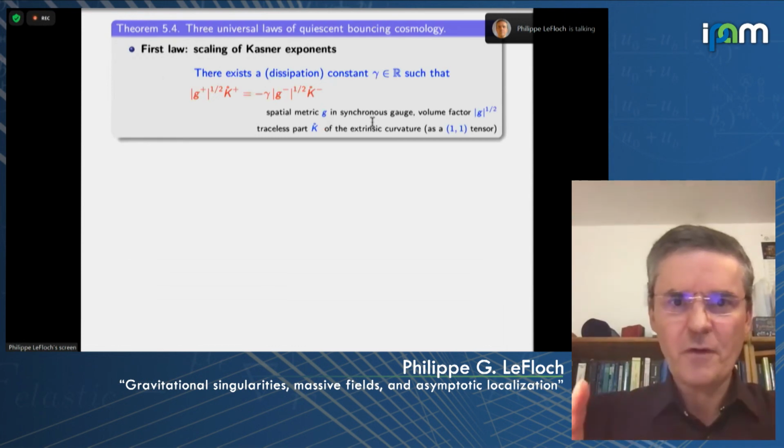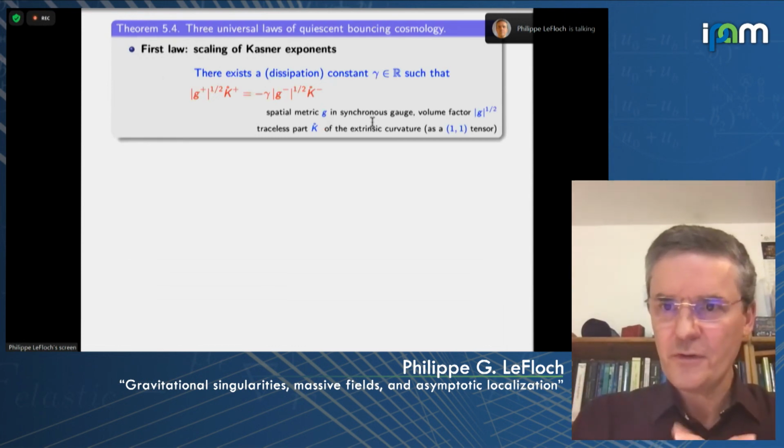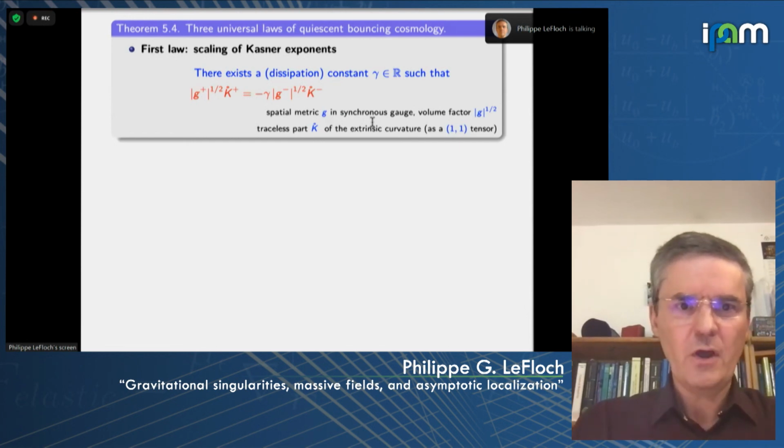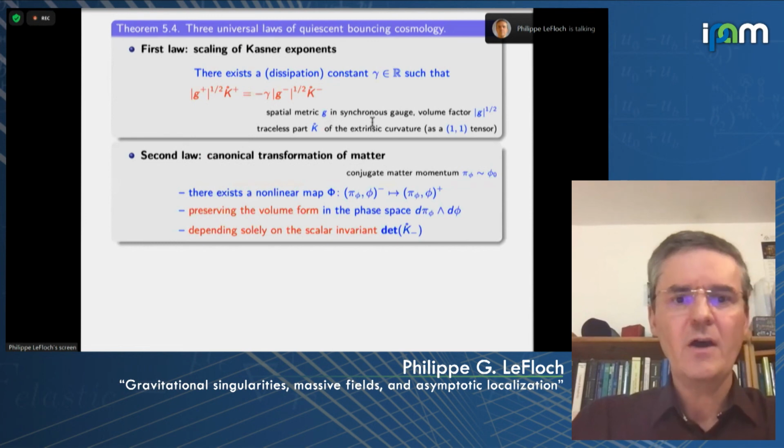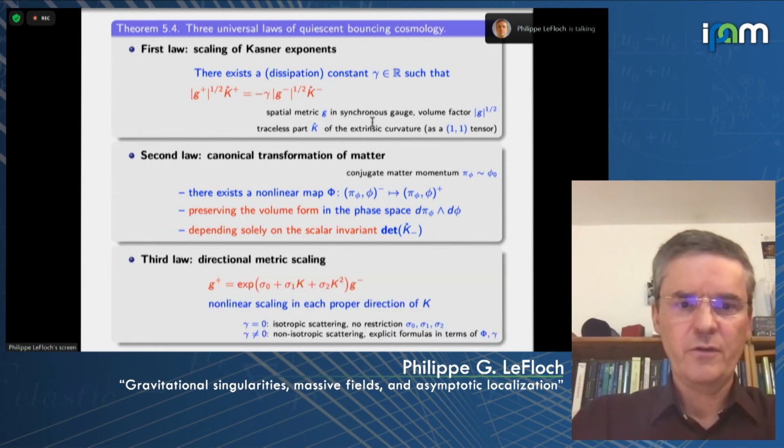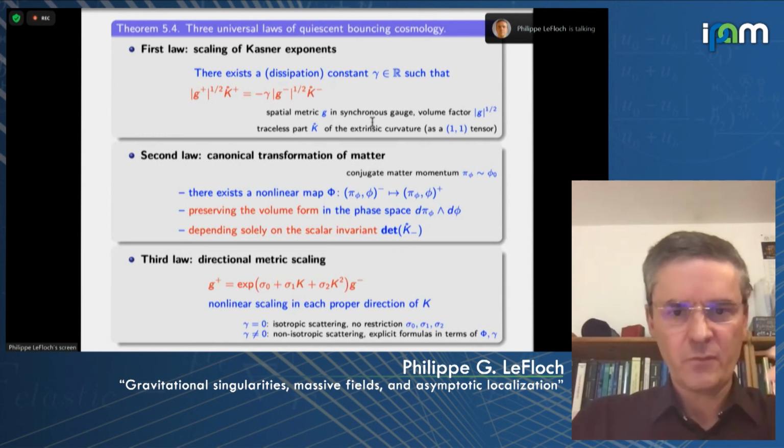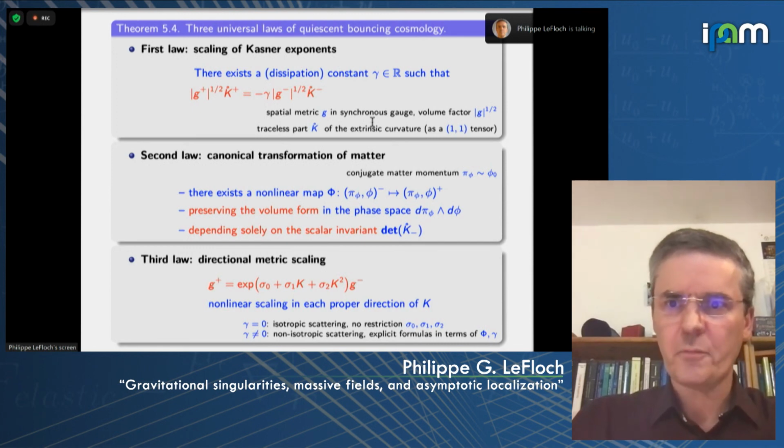Now, all these results can be restated in terms of three laws, which we called a first law, scaling of Kasner exponents, a second law, canonical transformation of matter, and a third one, which is directional metric scaling. And again, you can see that we have explicit formulas. It's really a rewriting of what I explained, at least fully in one special case. And this is a full classification.